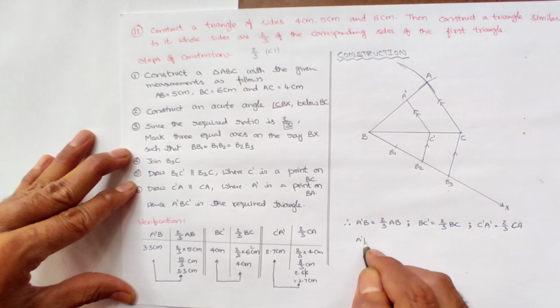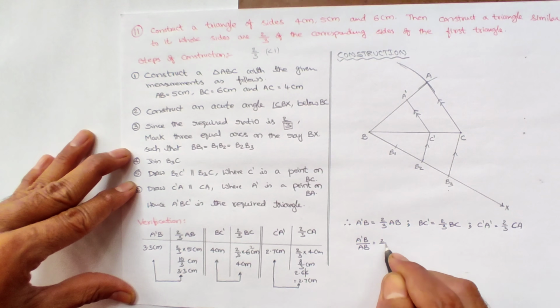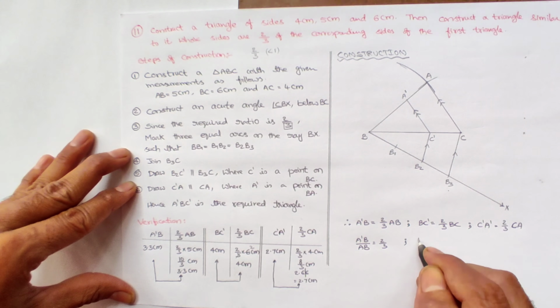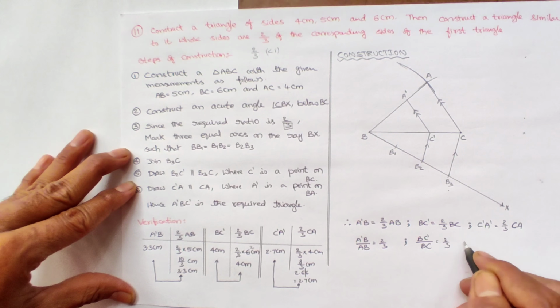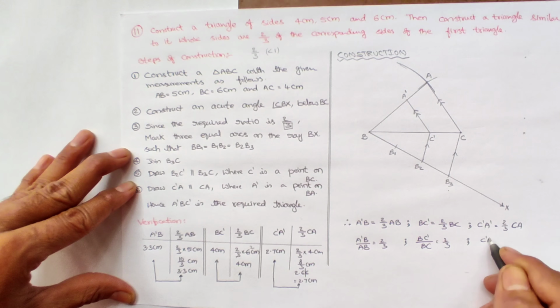Let us bring AB here below. So it becomes A dash B by AB, that is 2 by 3. And BC dash by BC is also 2 by 3. And C dash A dash by CA is also 2 by 3. So all the ratios are equal.